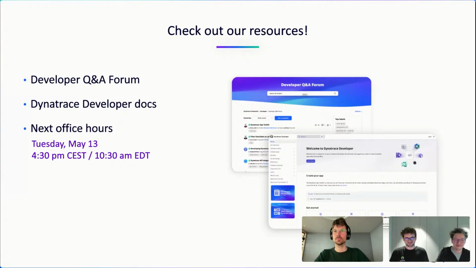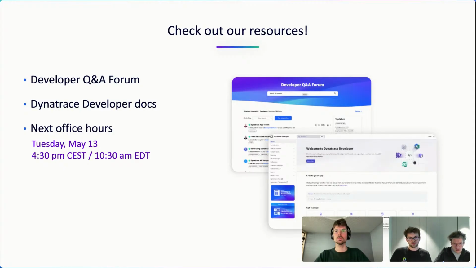Our next office hours were listed as today, May 13th, but that is a small mistake that I made. The next session will be in June. We will shortly have it posted on LinkedIn, so you will get the date for the next month. It's going to be the second Tuesday of the month in June. I don't know what it is right now off the top of my head, but we can check it out quickly. So that's going to be June 4th, so 11th.